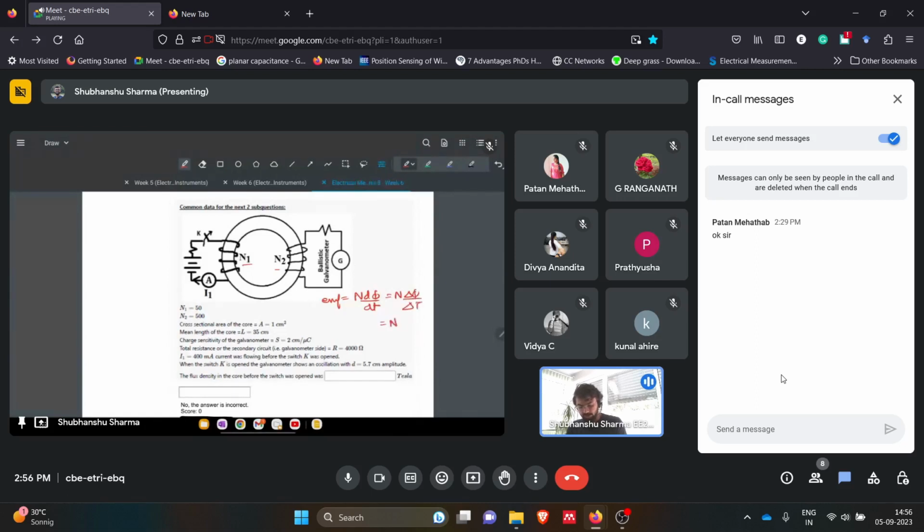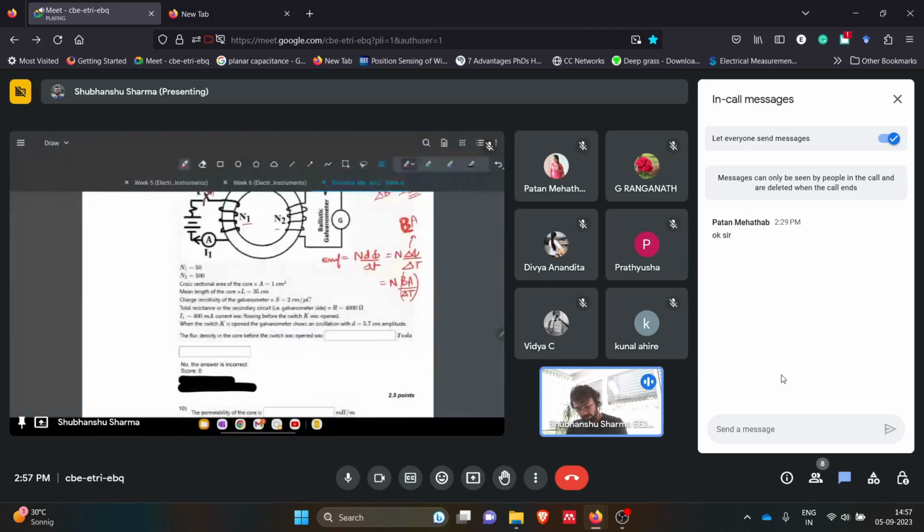The change in flux will basically be B into A. The change happens only when the switch is opened, so whatever magnetic flux was there already will become zero. So whatever B was there before opening the switch will be the final change. So basically delta B will be B itself, the old value of the magnetic flux.